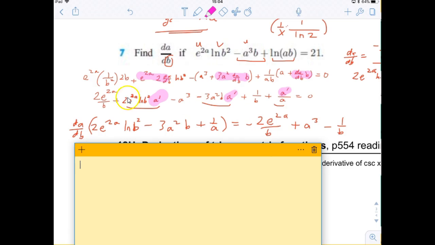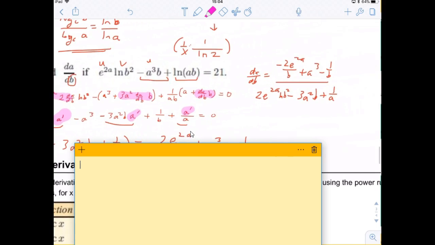And on the right side, I have this moved to the right, minus sign, this moved to the right, positive sign, and then this moved to the right, minus sign. So now I'm just going to divide both sides by this expression here, and then I'm going to have da/db on the left, and this divided by this on the right. And you can see that here.